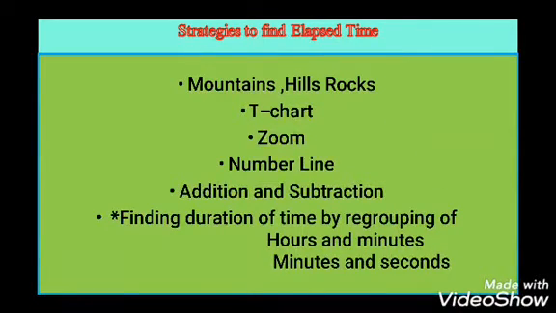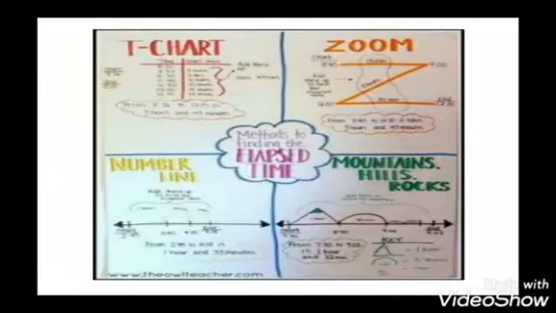So in this video we are going to discuss the strategies of finding elapsed time or time duration, and then temperature. These are the 4 strategies that we are going to discuss.